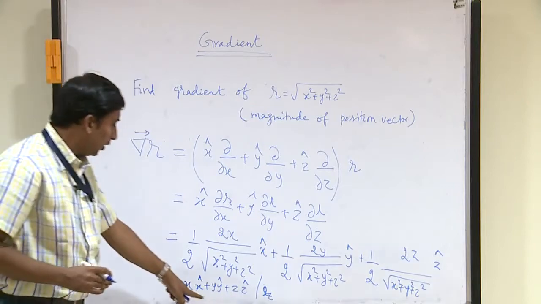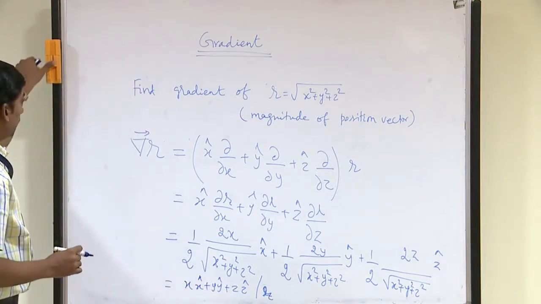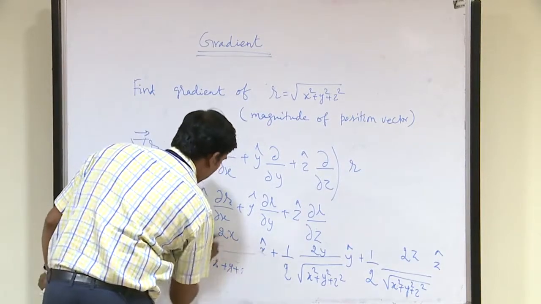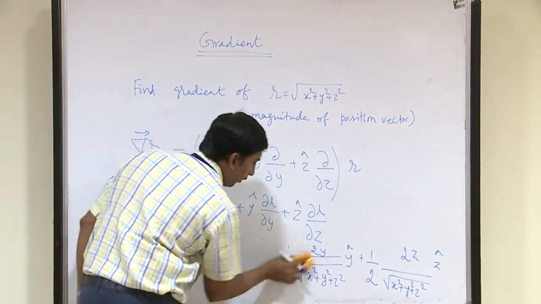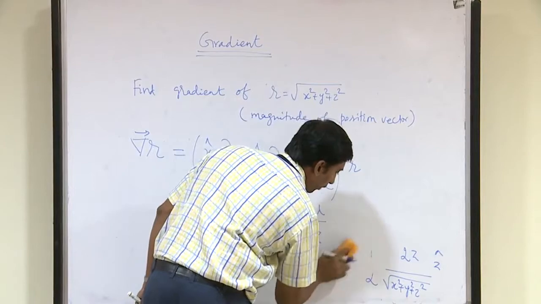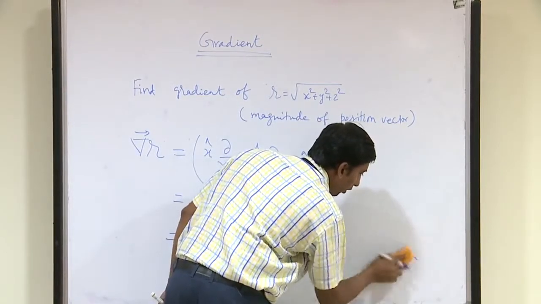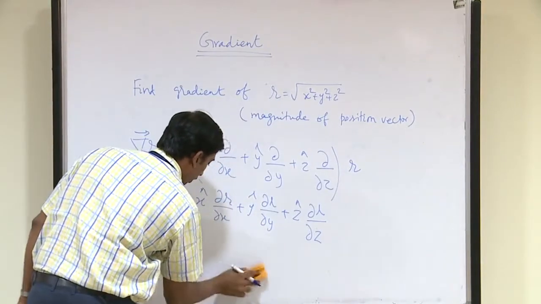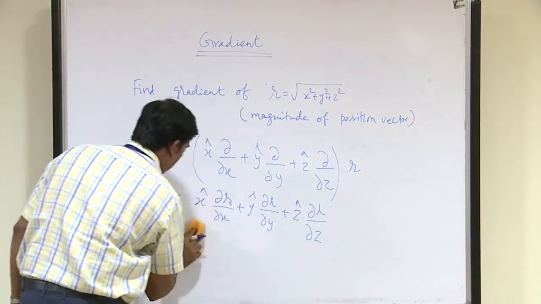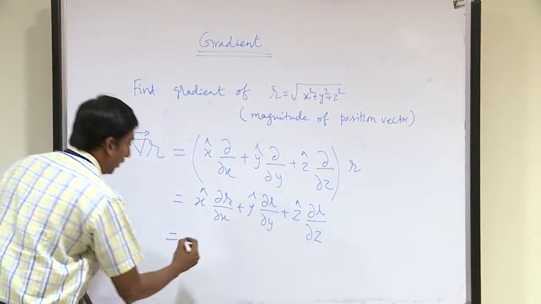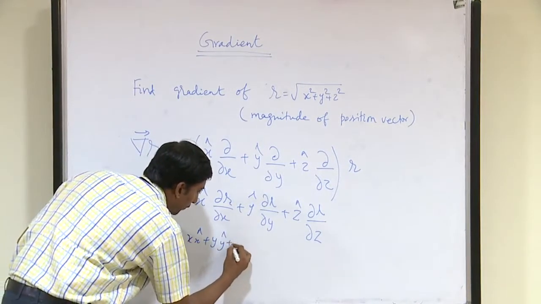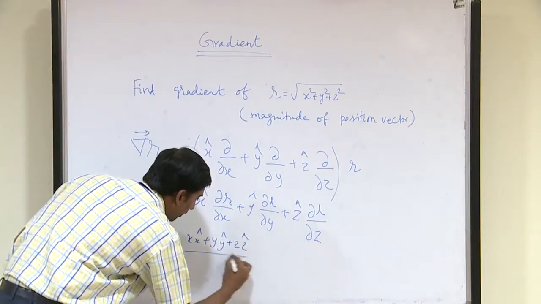What is this equal to? So what do we eventually get? x cap plus y cap plus z cap divided by r.